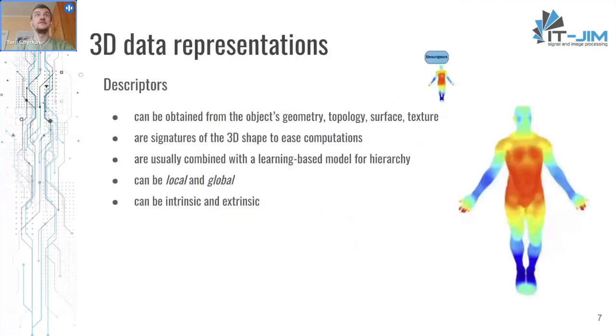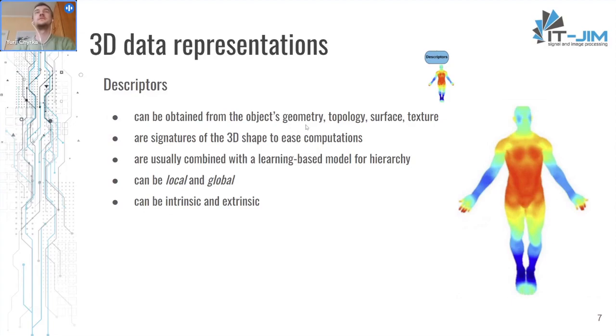So let's take a closer look at some of these representations. Descriptors technically are more or less the same as descriptors for two-dimensional images, and basically are some handcrafted features that we try to calculate over three-dimensional data. They can be calculated for object geometry and topology.